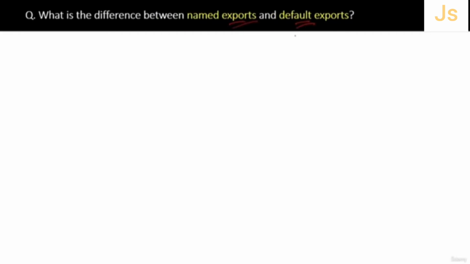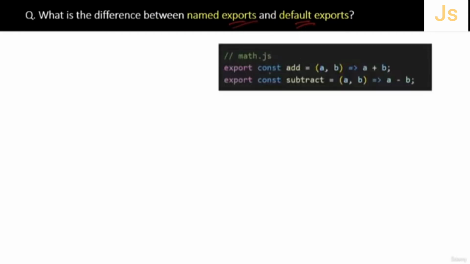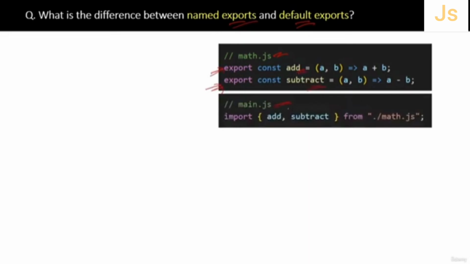What is the difference between named exports and default exports? Imagine you have this math.js file with two functions, add and subtract. Now you are exporting both of them to import them in this main.js file like this. This is called what? This is named exports. The point is, named exports allow you to export multiple functions from a module. This is the normal way, right? You already know this. Now let's explore the default export.